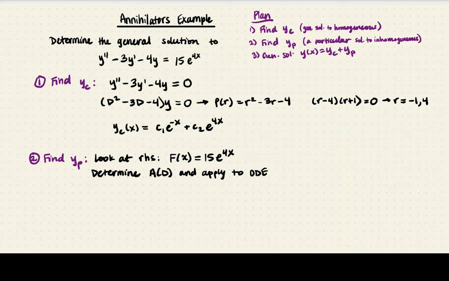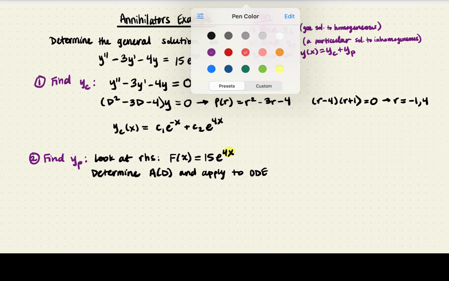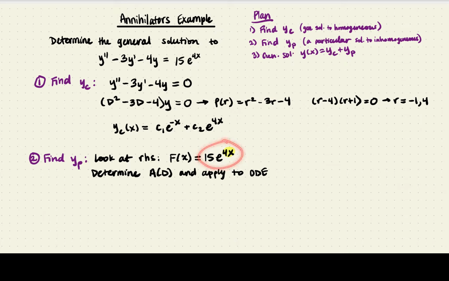The way we find the annihilator is by looking at the exponent of our right-hand side, if it happens to be an exponential. We look at the exponent, and we notice that if we had gotten a right-hand side of this form with an e to the 4x, we would have had a root of the auxiliary polynomial that would have been 4.